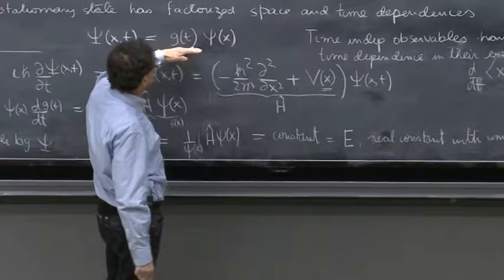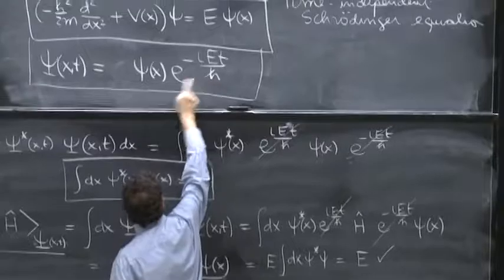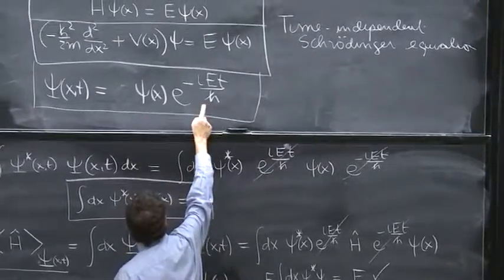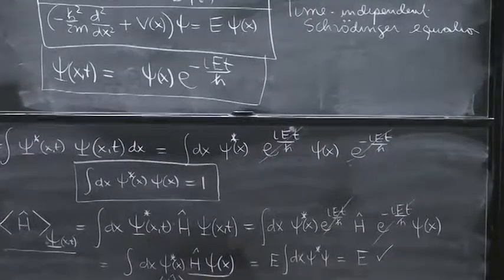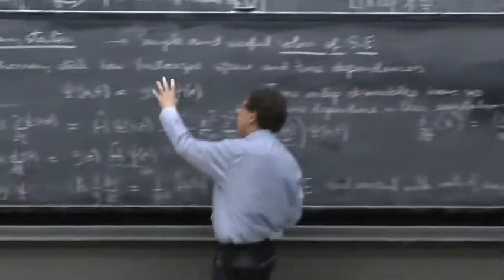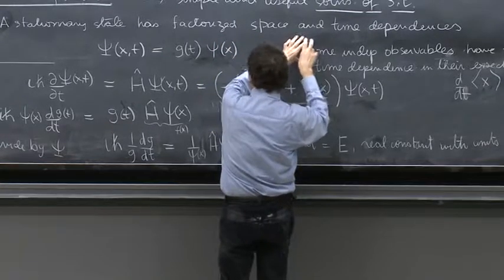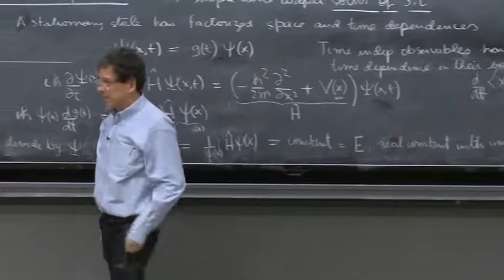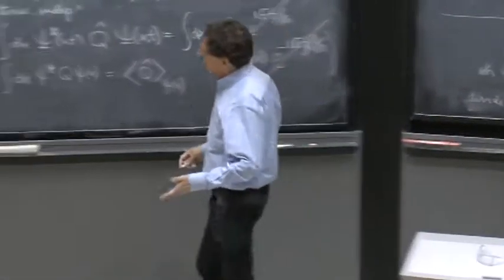If you have two stationary states with different energies, each one has its own exponential, and therefore the whole state is not factorized between space and time. It's one time dependence times one space dependence plus another time dependence and another space dependence. You cannot factor.